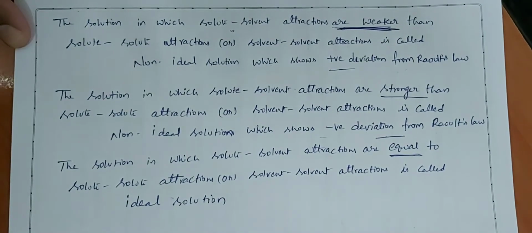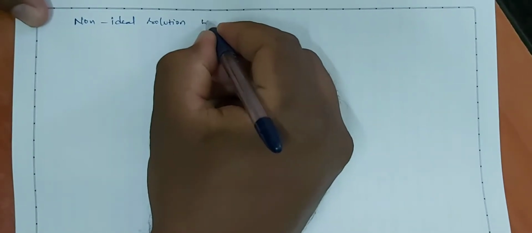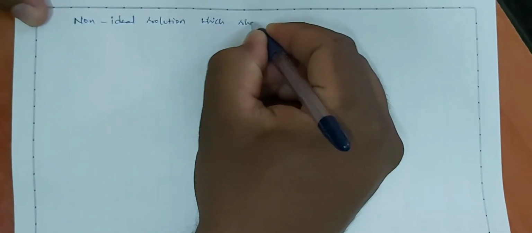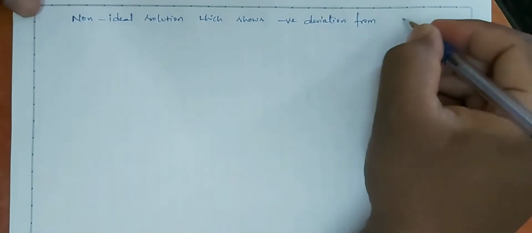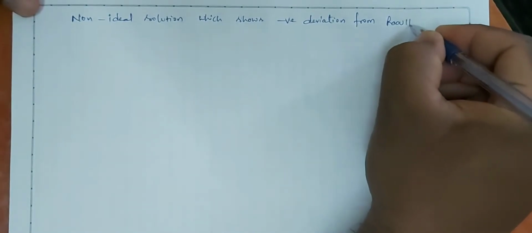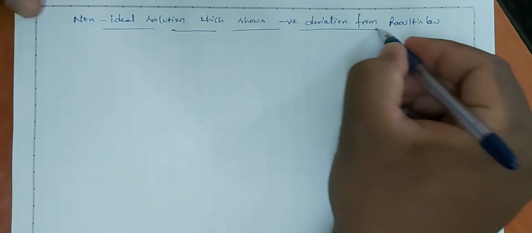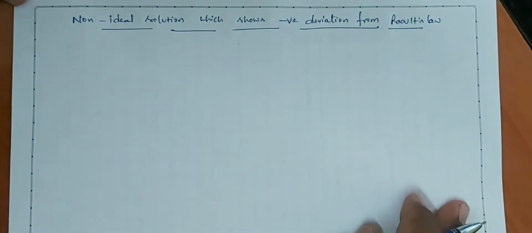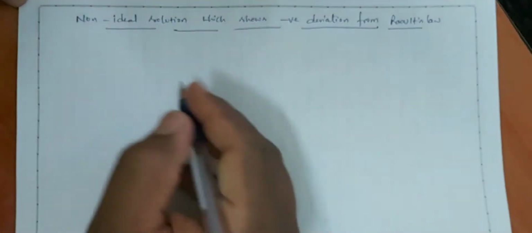Okay, for that I am going to take an example. Non-ideal solution which shows negative deviation from Raoult's law. To explain this negative deviation from Raoult's law, we need to consider one example.